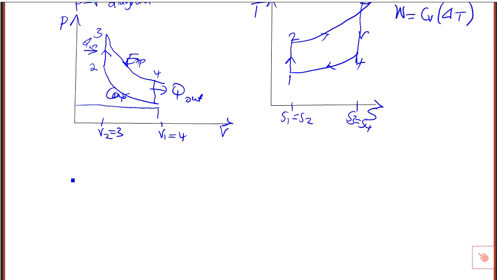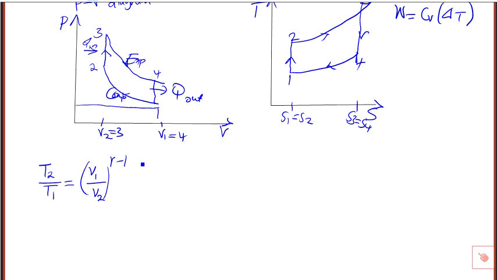We are going to compare the TS diagram with the PV diagram, and we are going to come up with formulas which shall help us. For example, when you take T2 over T1, this is the same as the maximum volume, that is V1 over the minimum volume V2, everything to the power gamma minus 1.